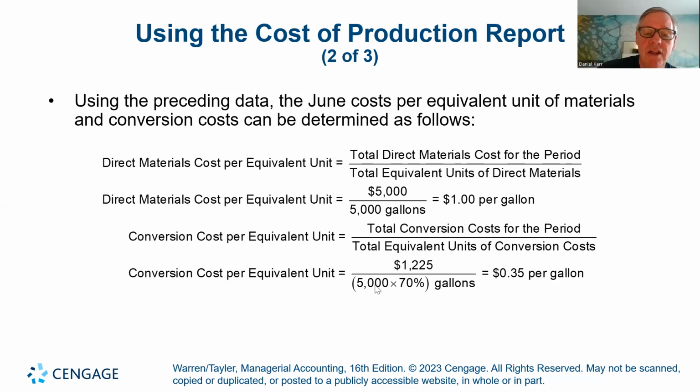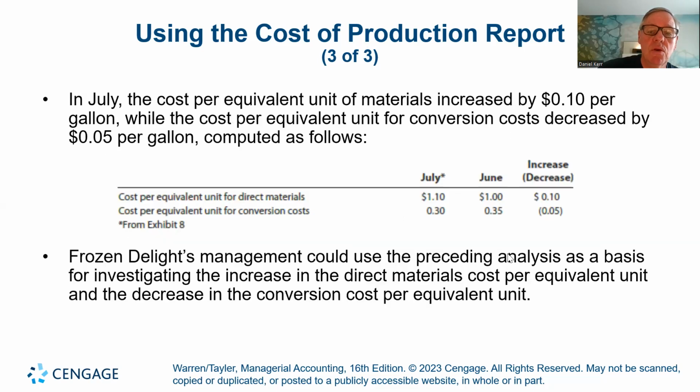So if you multiply 5,000 by 70%, you get 3,500. So what was in the beginning inventory had a cost per equivalent unit of $1 worth of materials and 35 cents with regard to conversion costs. That's what was in beginning inventory July 1st, reflective of what the costs were in June.